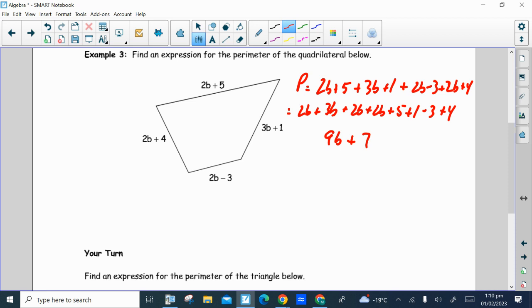There's our final simplified answer. It's simpler than the original expression, right? We went from 8 terms down to 2. Simpler.